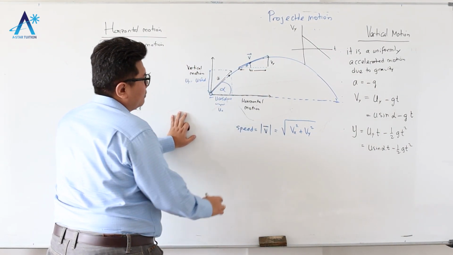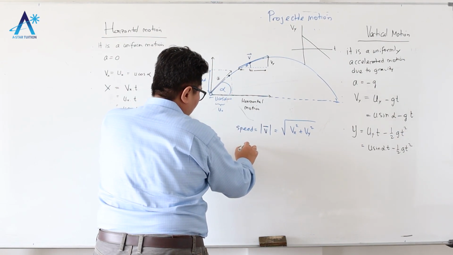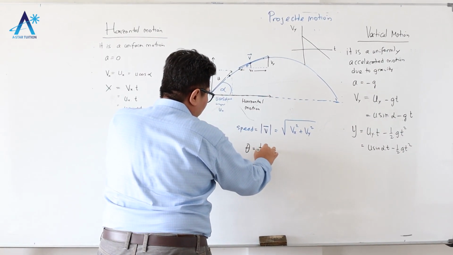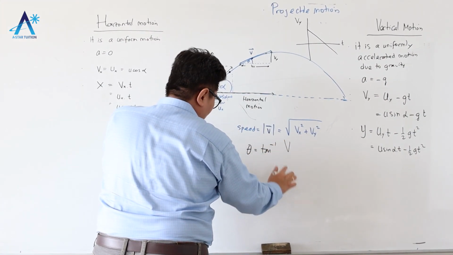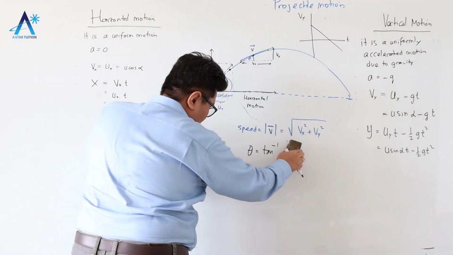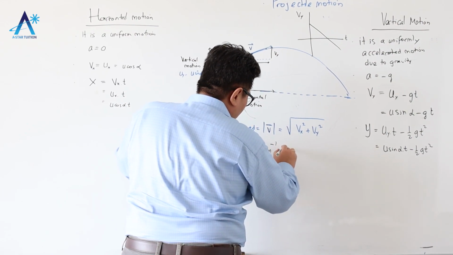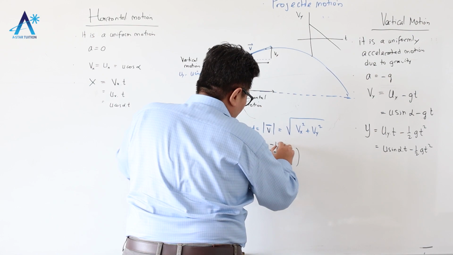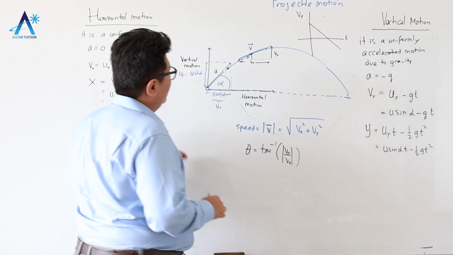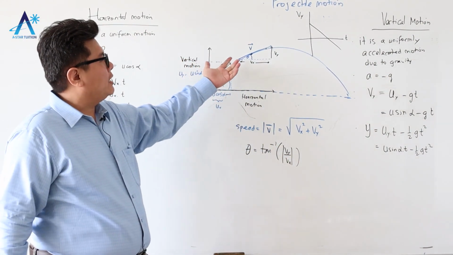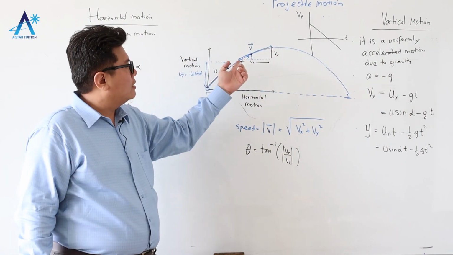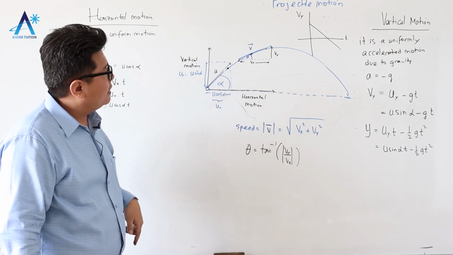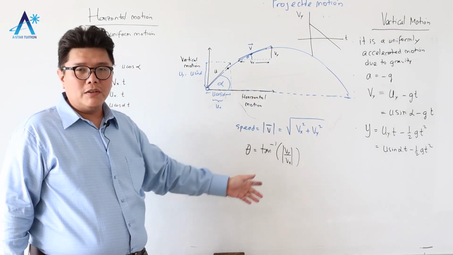So we can find theta by using tan inverse of vy over vx. I want to remind you though that it's best to use the absolute value, because here the object is on its way up, so the angle is above the horizontal axis, and both vy and vx are positive.